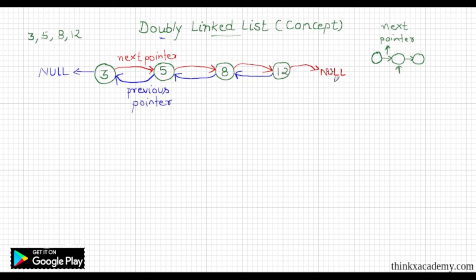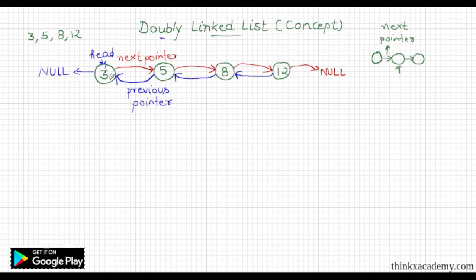Similar to the singly linked list, we also have the first node known as the head, and we are going to traverse through this linked list using the reference to the head pointer.